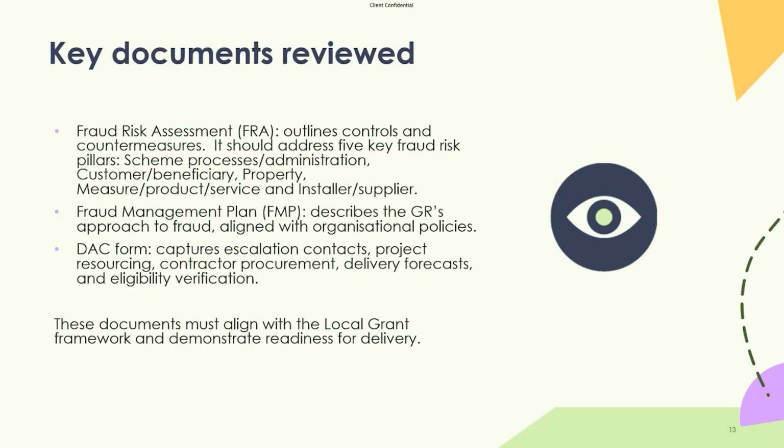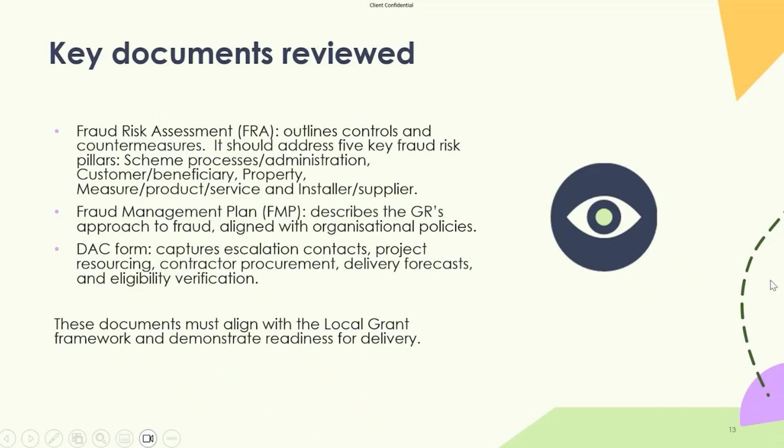As far as contractor procurement goes, a DAC stage would typically be perceived by the department as a final delivery assurance check, which would mean that a grant recipient would be strongly recommended to have the procurement completed and evidence of the procurement in place for them to actually have approval from the department to begin delivery.